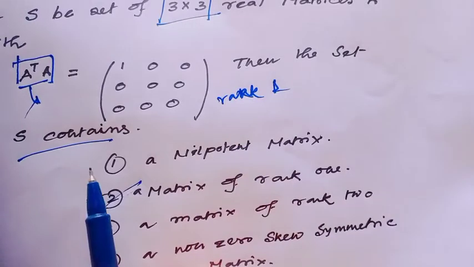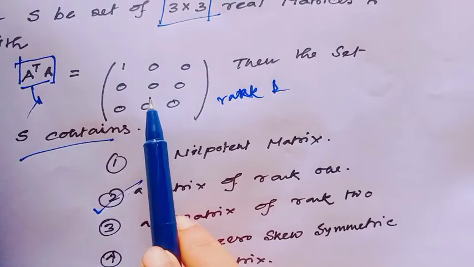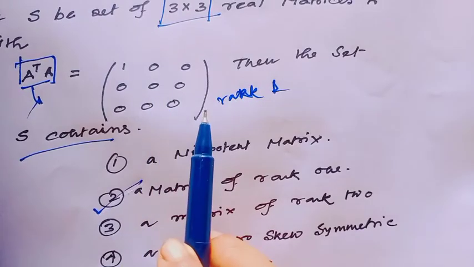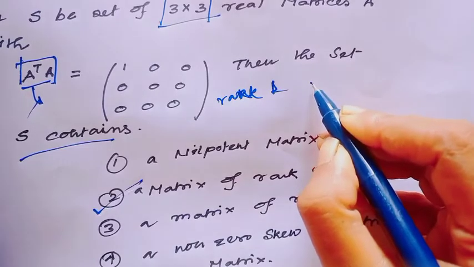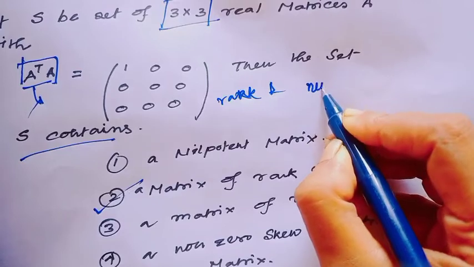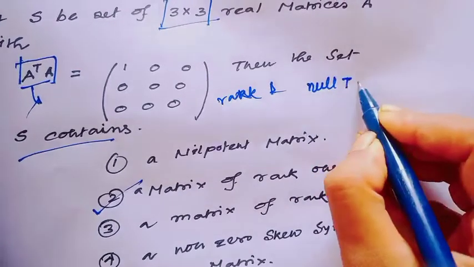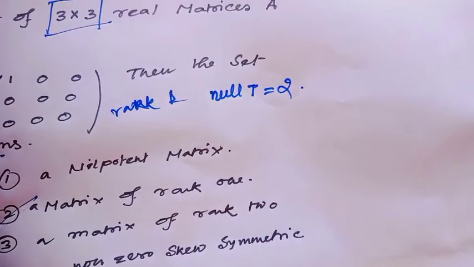Other option is, S contains a nilpotent matrix? Notice, this is a rank 1 matrix. So, obviously, by the rank nullity theorem, we can tell nullity equal to 2.